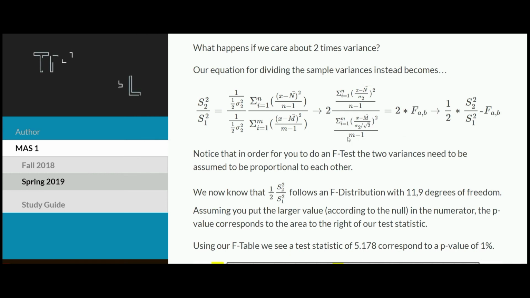So this was a lot more steps than you would ever need to do during the exam. So I wanted to walk through that so we understand where this 1/2 is coming from. But in terms of what you need to memorize to apply in a testing situation, you just need to know that when you divide sample variances by one another, they're going to be F distributed.